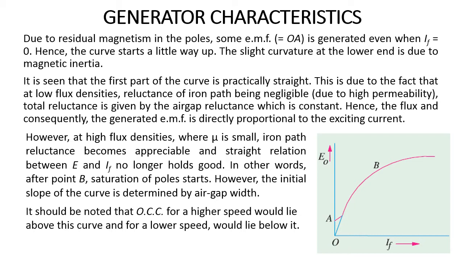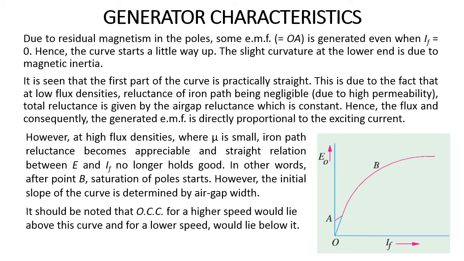However, at high flux densities where permeability mu is small, iron path reluctance becomes appreciable and the straight relation between E and IF no longer holds good. In other words, after point B, saturation of poles starts. Saturation of poles means even if you increase the field current, you may not get an appreciable increase in the voltage.